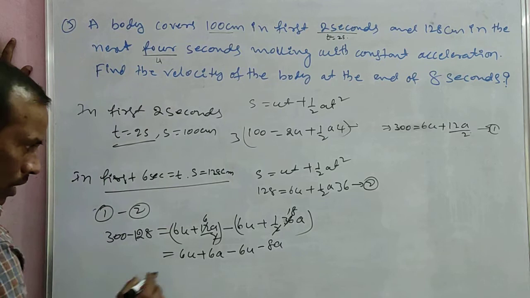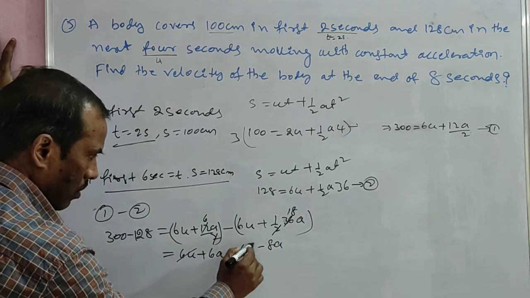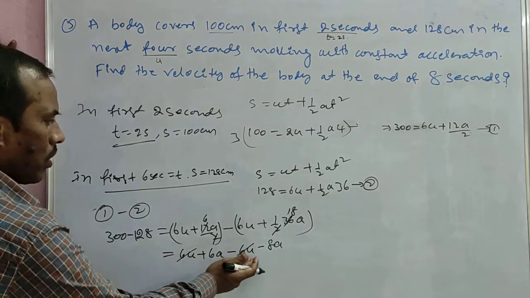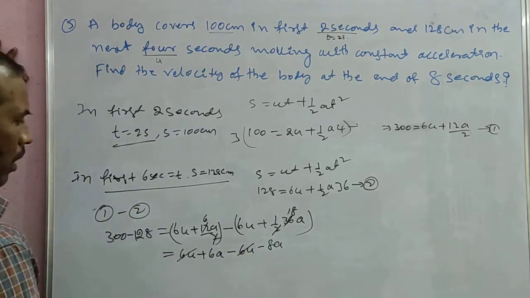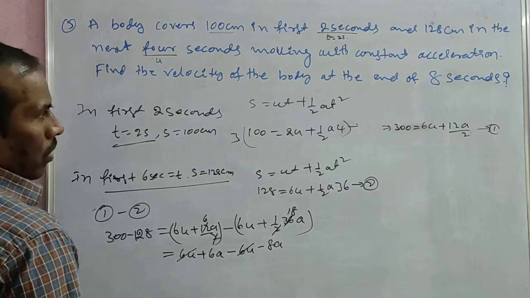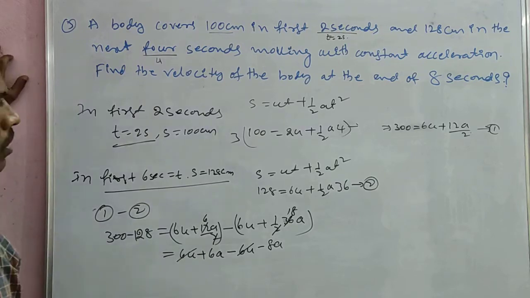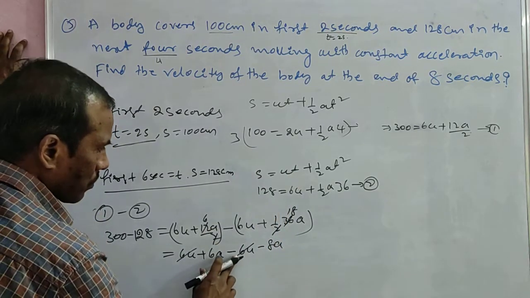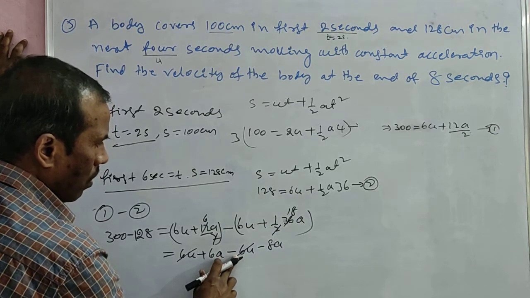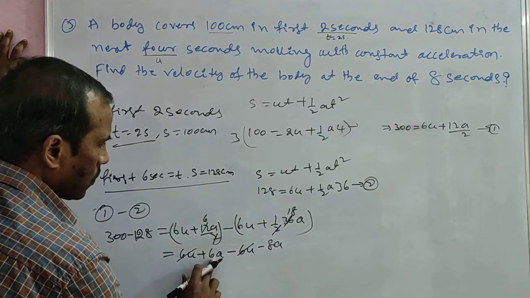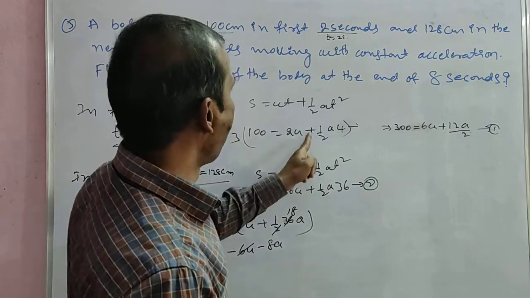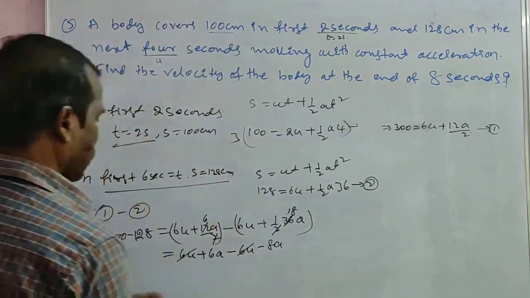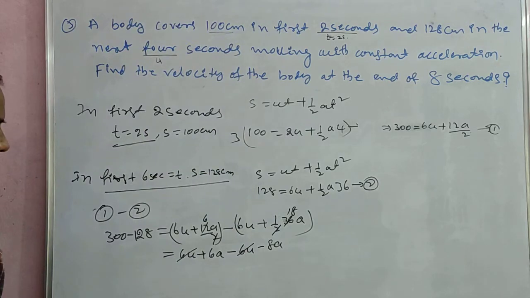Now the 6u terms cancel, one positive and one negative, so the remaining terms are simply these. Correct, okay.